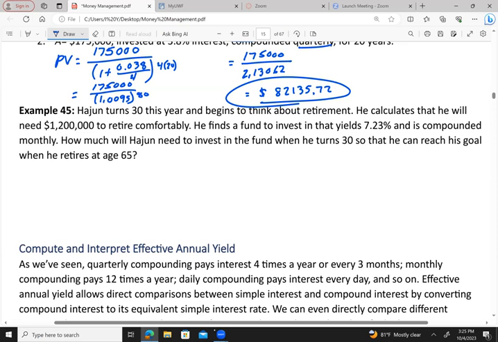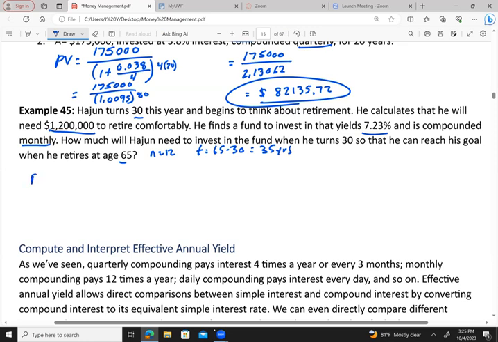So first we have compounded monthly. So N equals 12. He's 30 now and he wants to retire at 65. So T is 65 minus 30, which is 35 years. A is 1,200,000 and our interest rate is 7.23%.